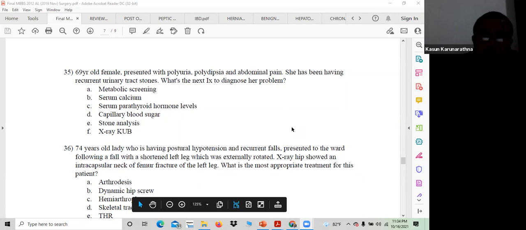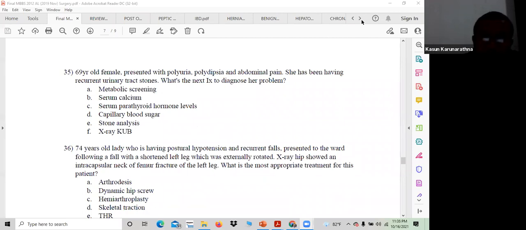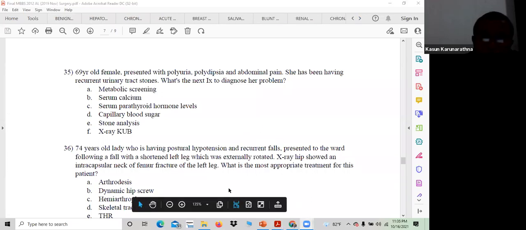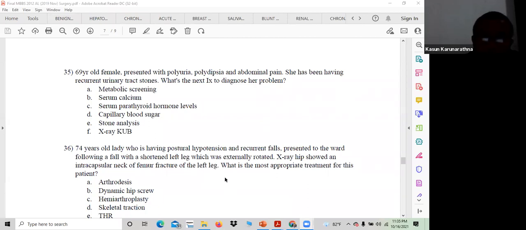Diabetes, not diabetes, these are hypercalcemic features, right? What are the clinical symptoms and signs of hypercalcemia?